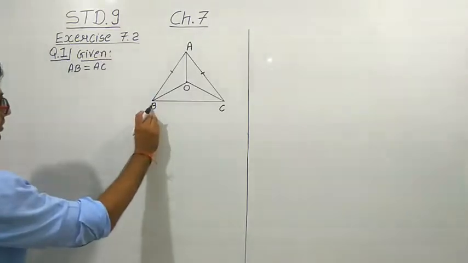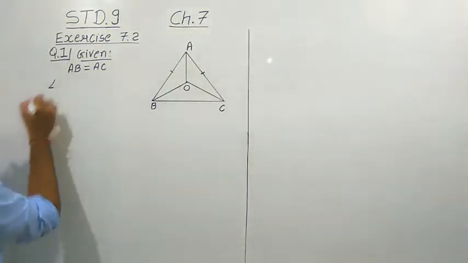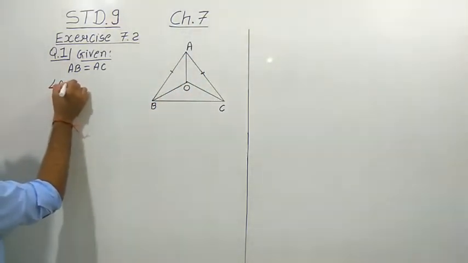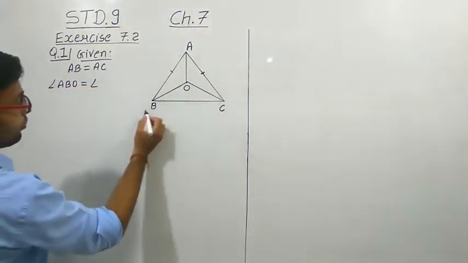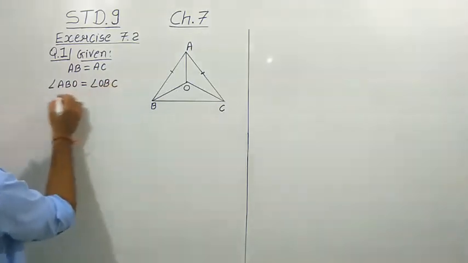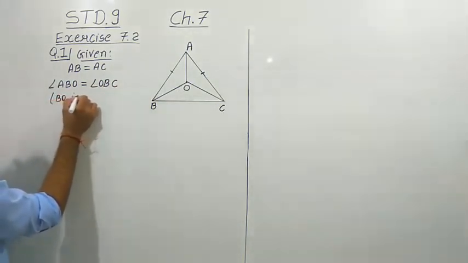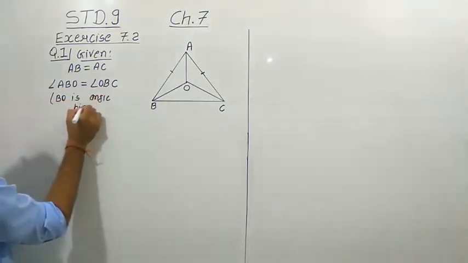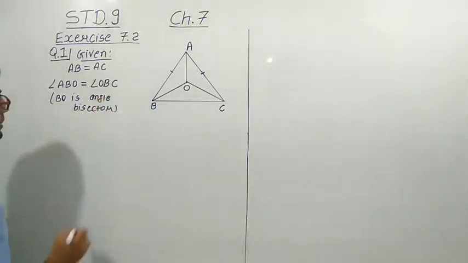So we can write that angle ABO is equal to angle OBC. This we can write because BO is the angle bisector.